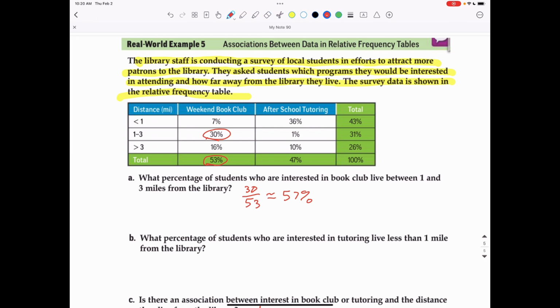The next question is, what percentage of students who are interested in tutoring live less than 1 mile away? So those that are interested in the tutoring constitute this 47%. And those that live less than 1 mile away is this 36%. So we will take 36 divided by 47, and that will be approximately equal to 77%.